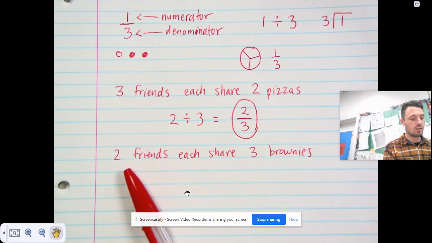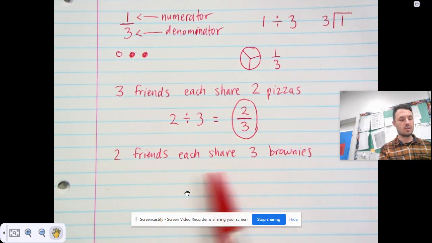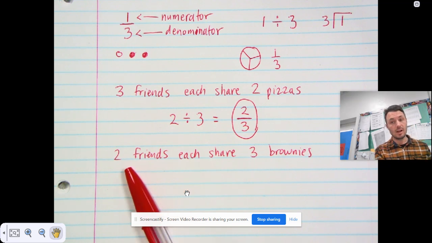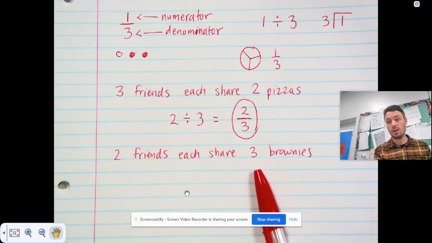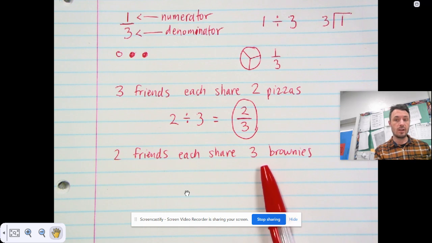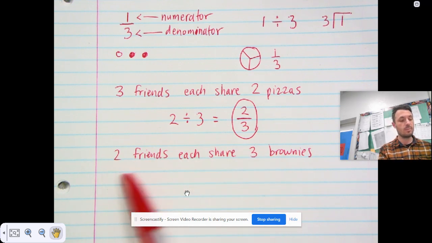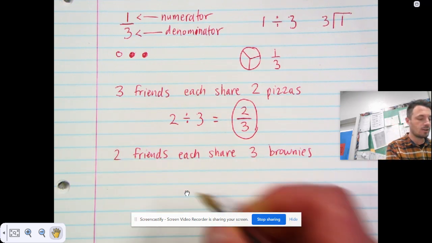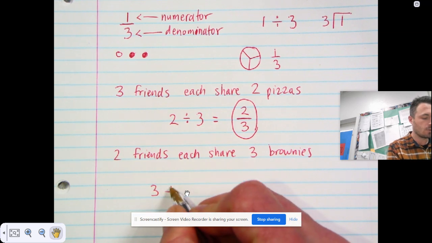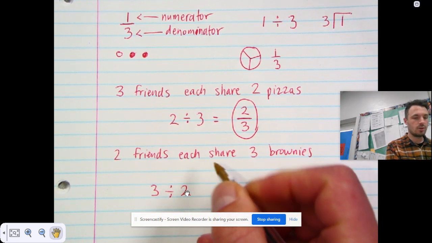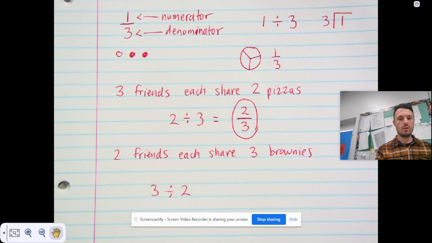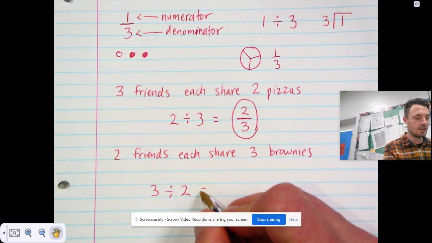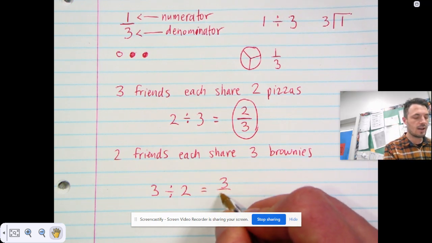So this doesn't mean 2 divided by 3. No, because the 2 people aren't being split up and eaten by the brownies. That would be terrible. No, the 3 brownies are being split up and eaten by the people. So it's 3 divided by 2. So this could be written as a fraction like this, 3 halves.